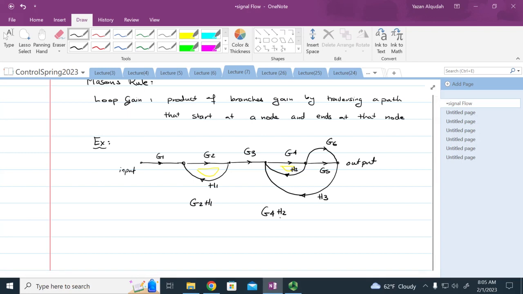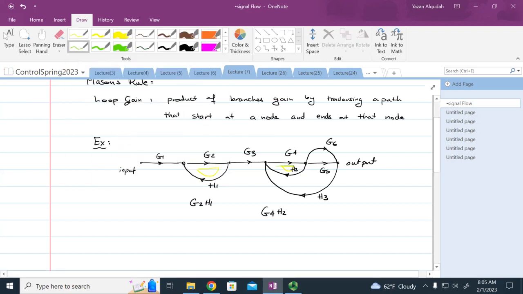What other loops do we have? G5 and G6? G5 and G6 is not a loop because they're both going the same direction. I have to be able to go with the arrows and make a loop. Following the branch from G2, I make a loop, but G5 and G6 are both in the same direction. Is G4, G5, H3 a loop? Excellent, yes, it is.